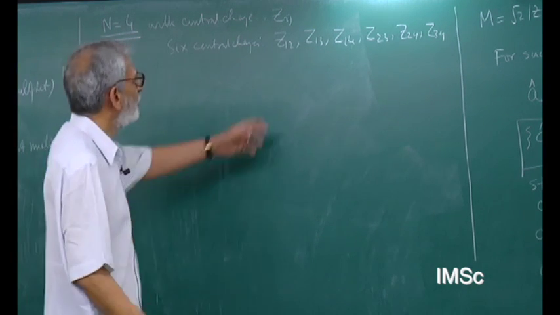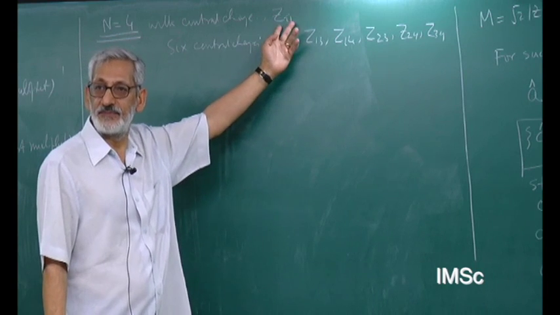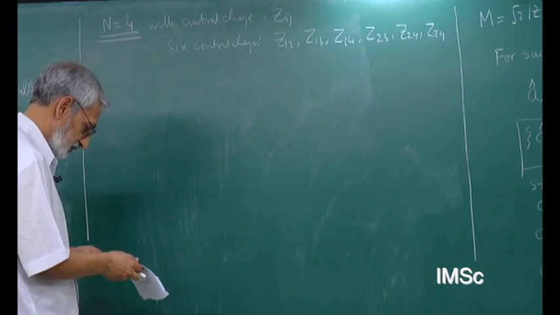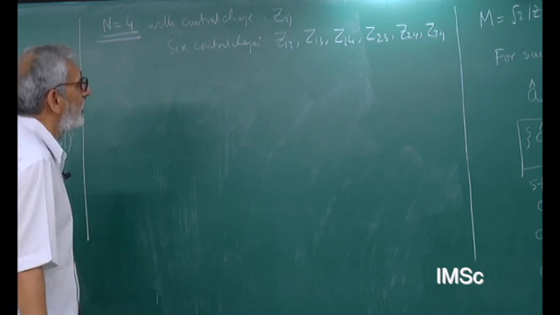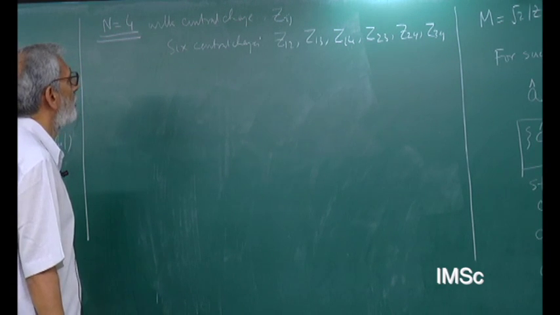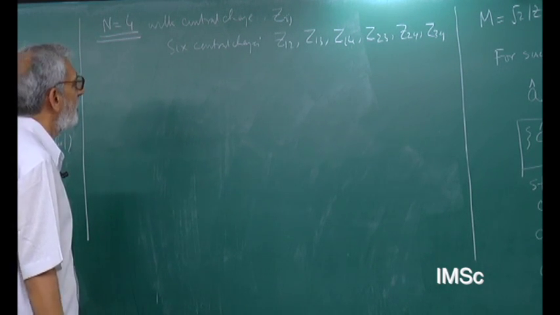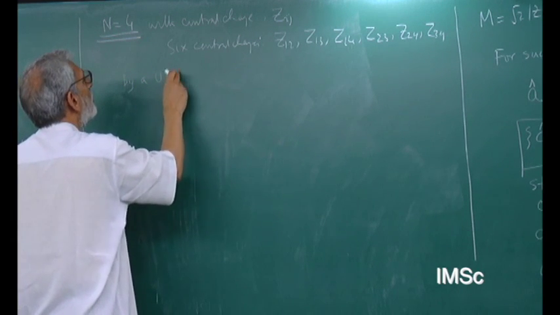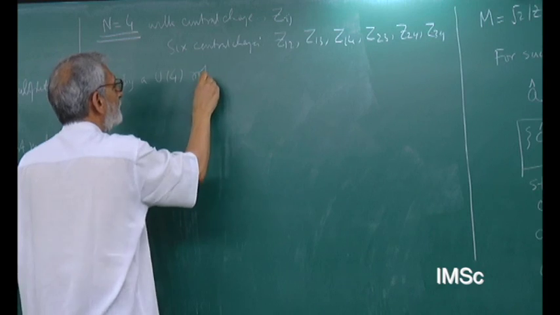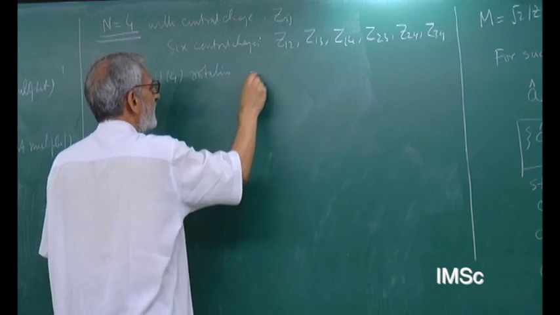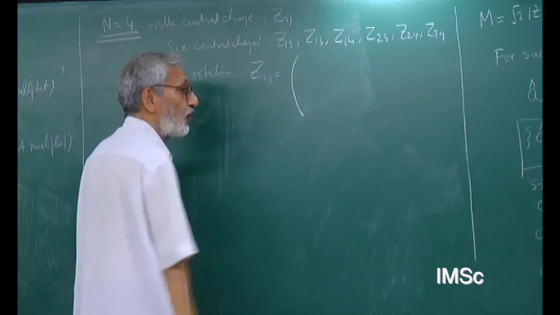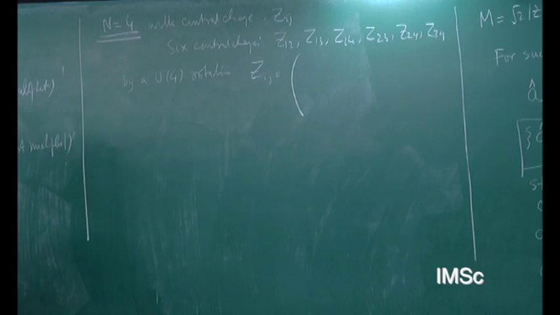Zij's are 4 cross 4 antisymmetric matrices. There is an elementary property that by a U4 rotation, I can always rotate a 4 cross 4 antisymmetric matrix into a form.